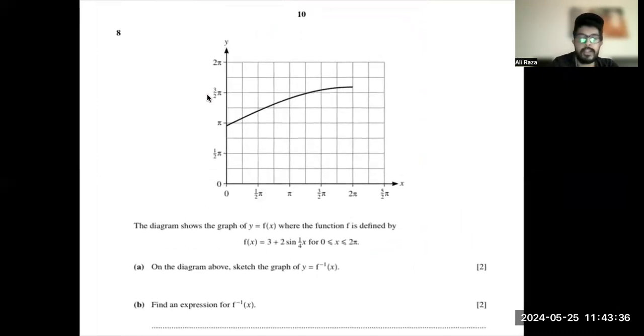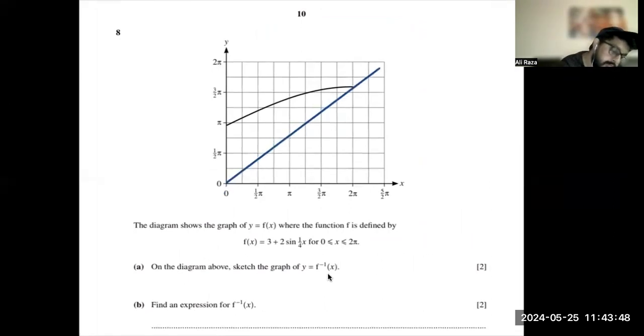Moving on to question 8, in part A, we need to sketch the graph of the inverse. So we know that the inverse is a reflection in the line y is equal to x. This is the line y is equal to x.